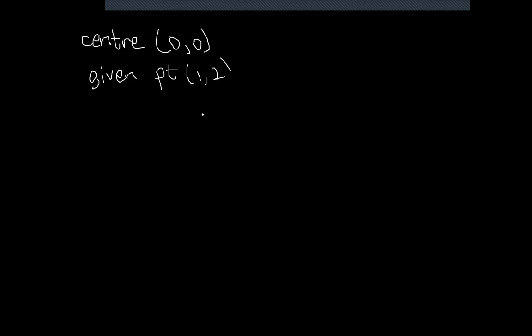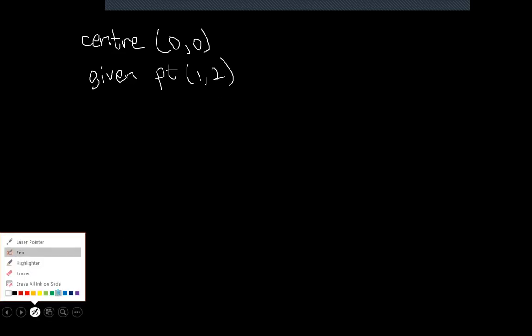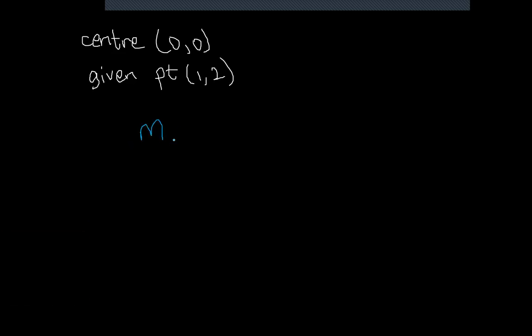What was the center? Center 0, 0, given point 1, 2. We just found out that the gradient, so m, of the normal is 2.